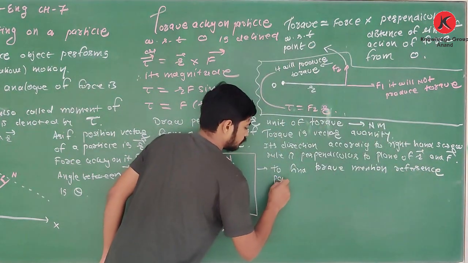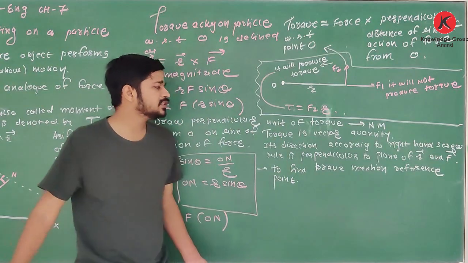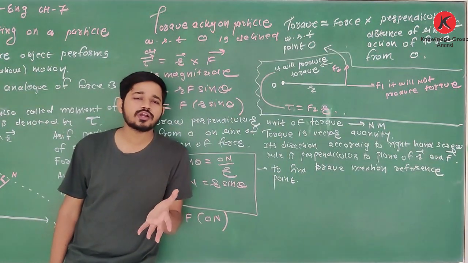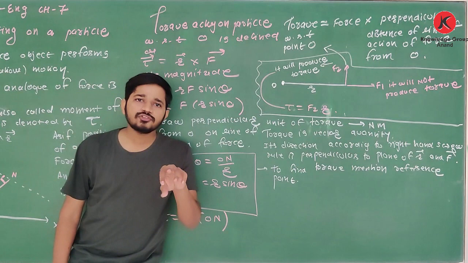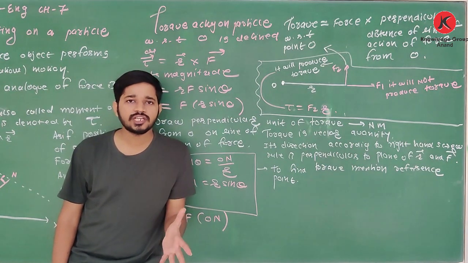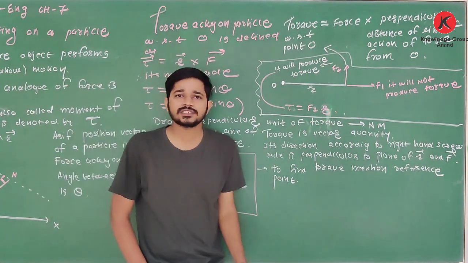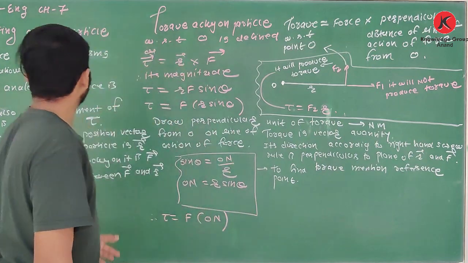Clear about this? In each and every case you have to mention the reference point. Reference point means from which point it is rotating. It is called the reference point. Clear about this? So it is all about torque.